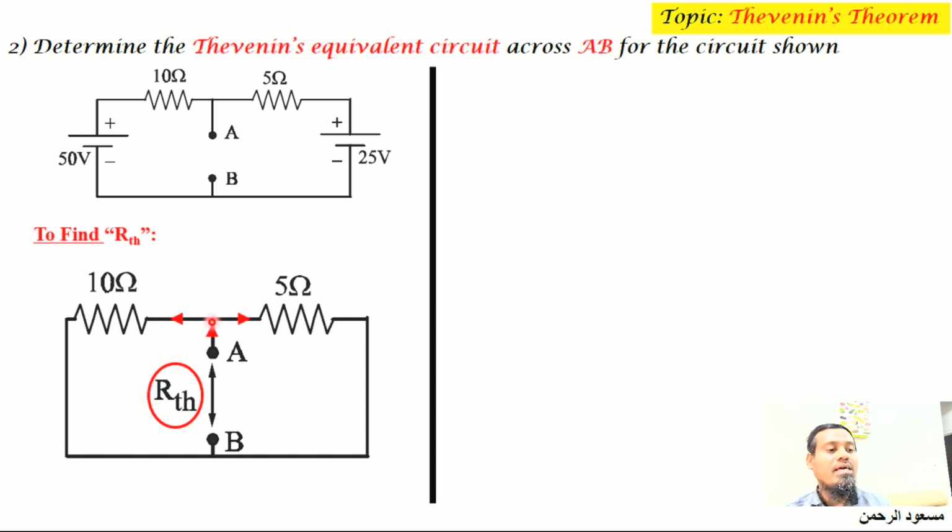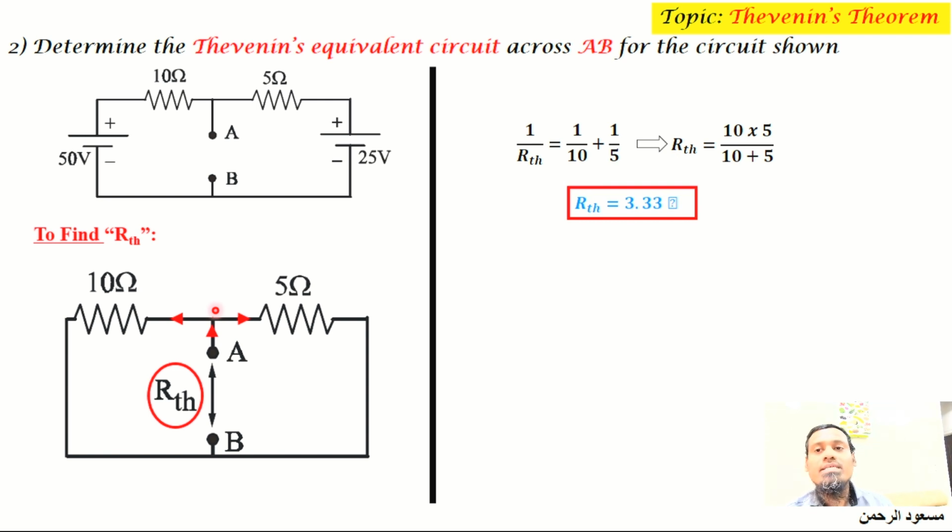So when you apply the equation for equivalent resistance in a parallel network, 1 by RTH is equal to 1 by 10 plus 1 by 5, and RTH will be 10 times 5 divided by 10 plus 5, which you can calculate to be 3.33 ohm.